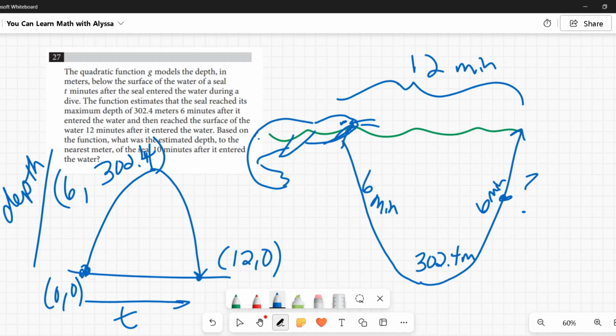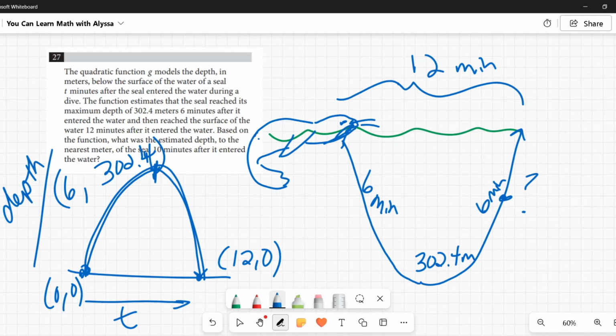More importantly, though, we have the vertex. That's a big thing. The vertex is our highest point, and we can tell it's the highest point too. It's confirmed by the fact that it's 6 minutes up, 6 minutes down, and those are our 2 zeros. So that's smack dab in the middle between the 2 zeros, that's going to be your vertex. That's how it works.